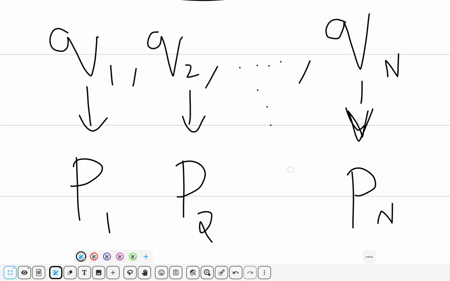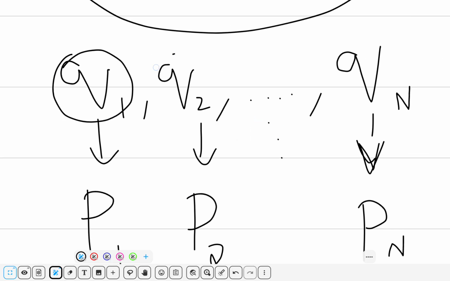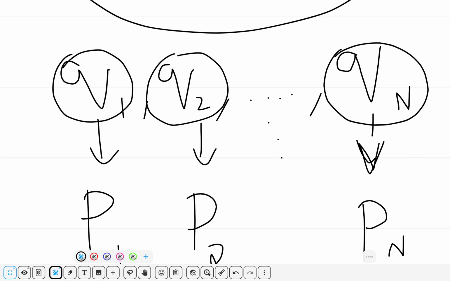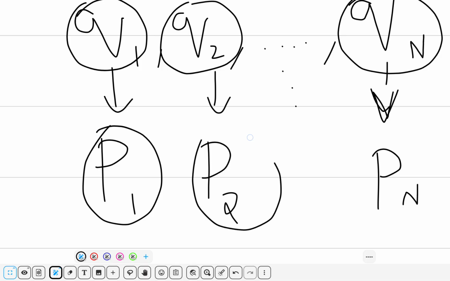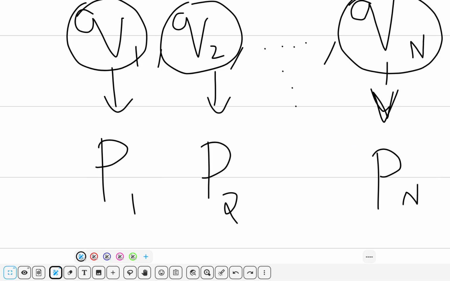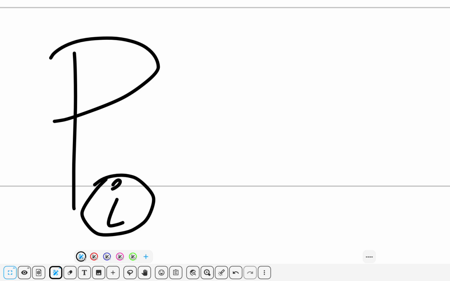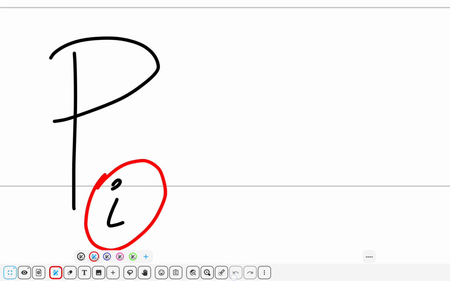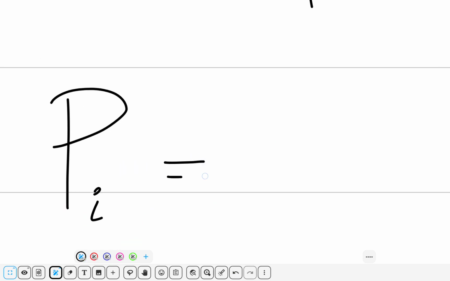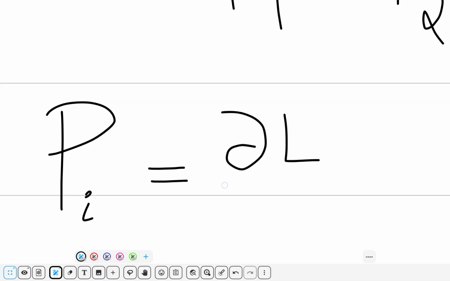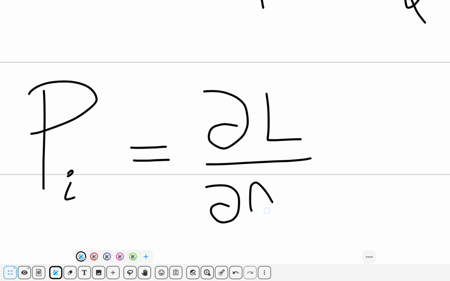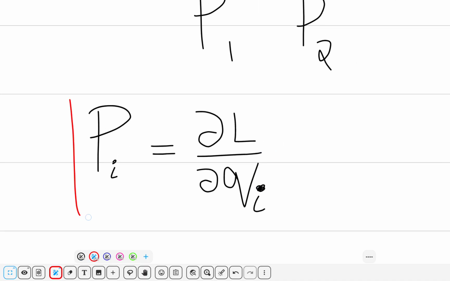So we call this the coordinates, and we call this the conjugate momentum, or you can also just call this momentum, generalized momentum. So basically, this can be 1 2 3 4 5. That's why I've written i. This is equal to this. Some math relation.